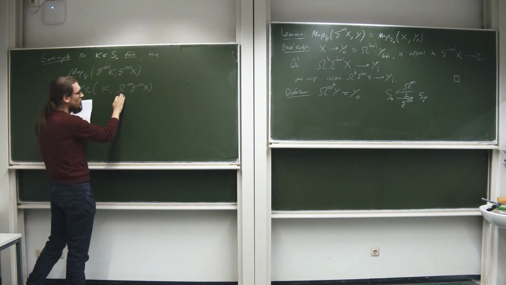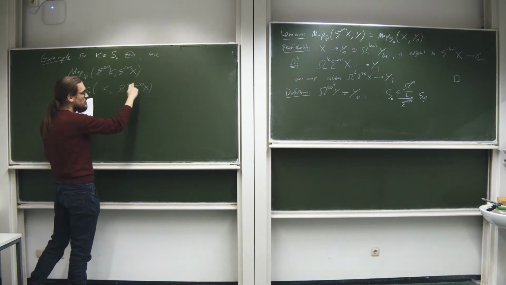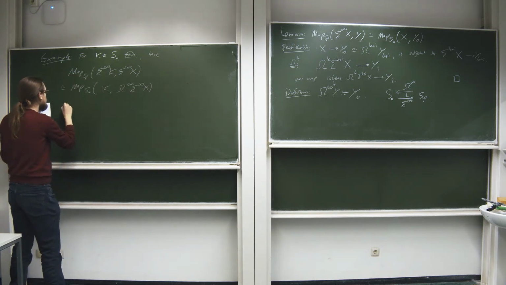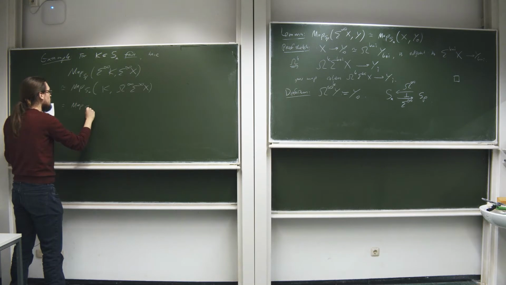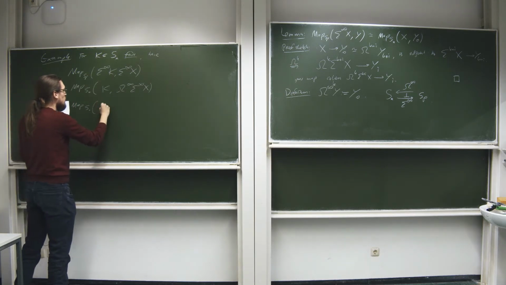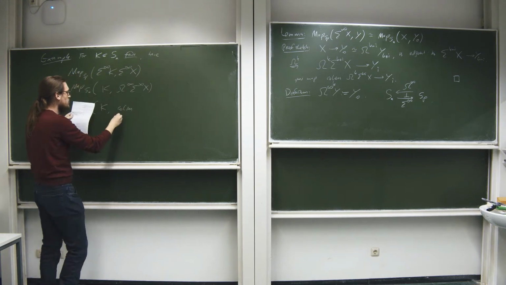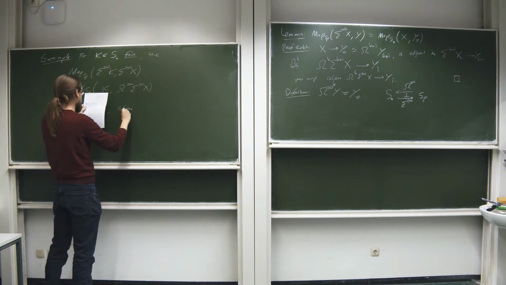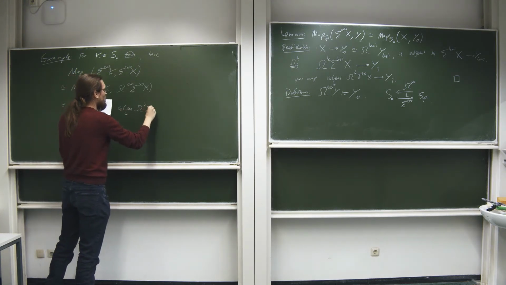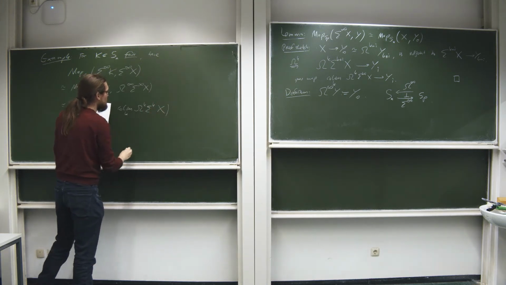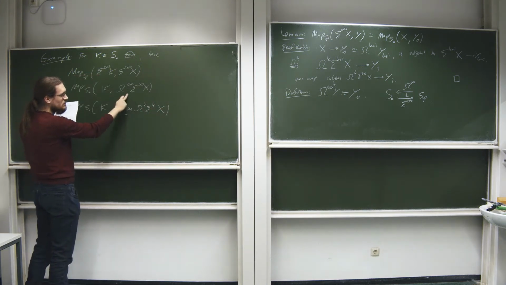This is just the underlying space, the underlying zeroth space of the suspension spectrum. So we can just insert the definition of that. And I guess this is another nice perk of this notation, that somehow it suddenly makes sense of this.